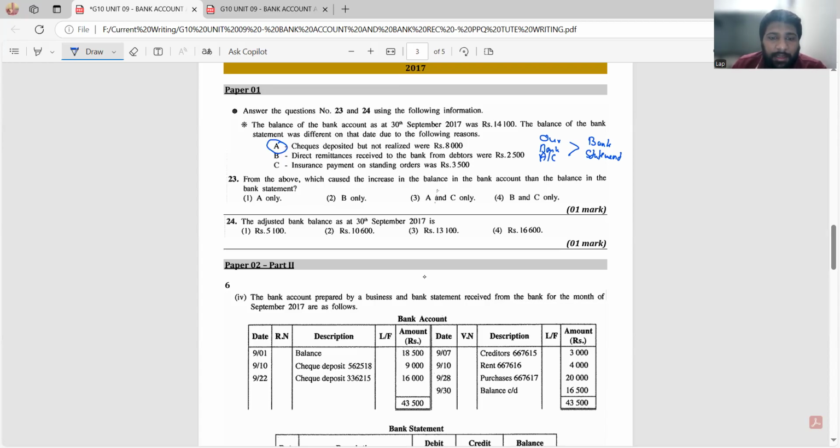Second, direct remittance received to the bank from a debtor, 2,500. Here, a debtor has directly gone and put the money into the bank. So in the bank, the balance is more because we have not yet recorded it. We didn't know about it.